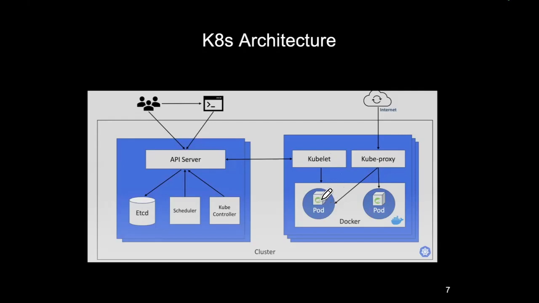Strictly speaking, once the pod is created, initially it's an empty pod, and the pod actually makes a request to kubelet, which makes the request back to the API server to go to Docker Hub and download or pull the nginx image.